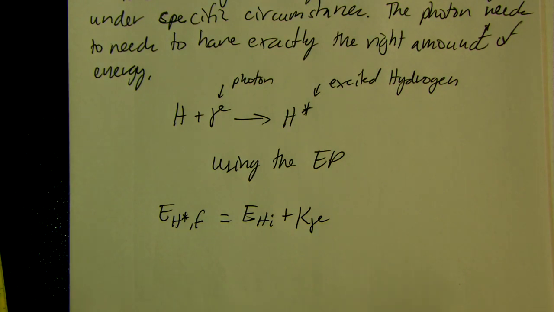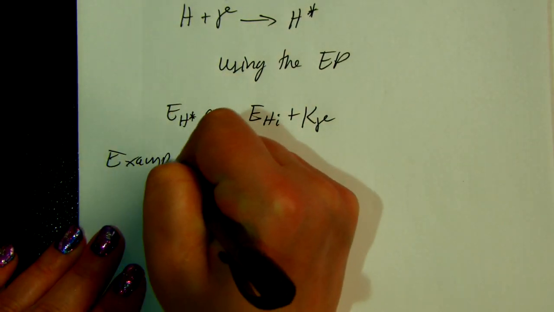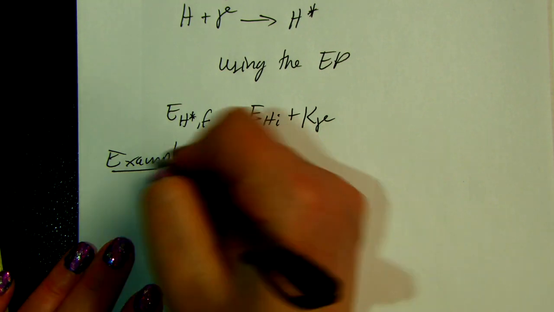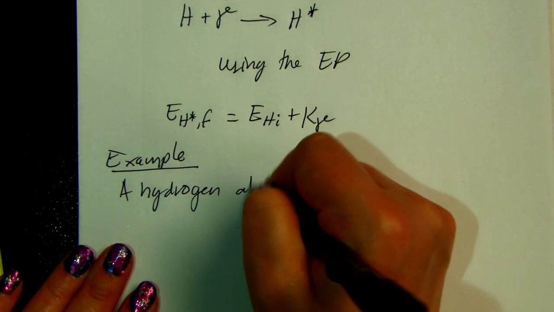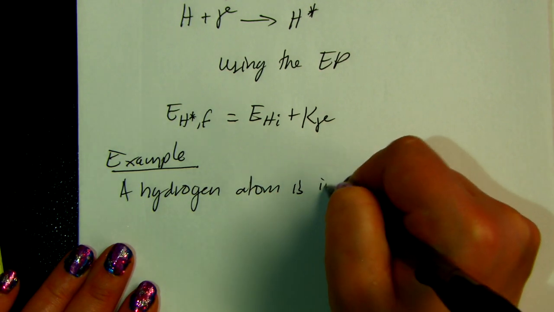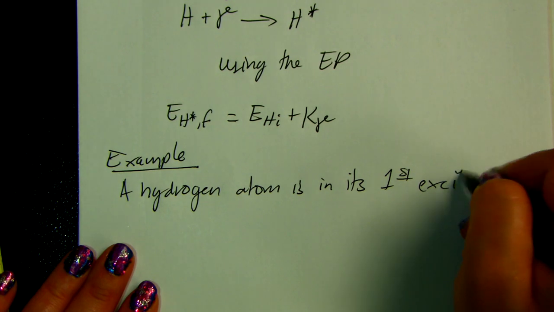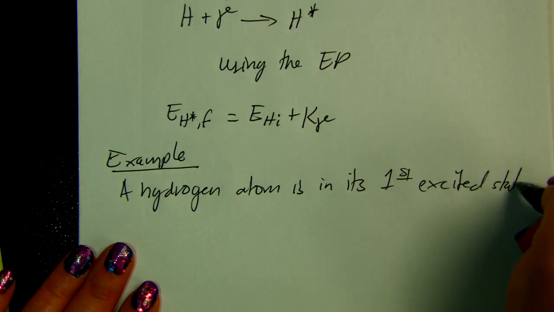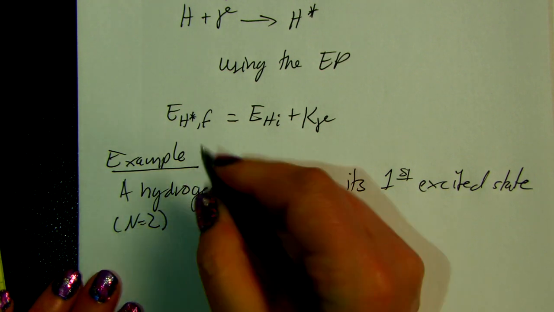Okay, so let's do an example and we'll see how to do this. All right, so a hydrogen atom is in its first excited state, which of course we know corresponds to the n equals 2 energy level.